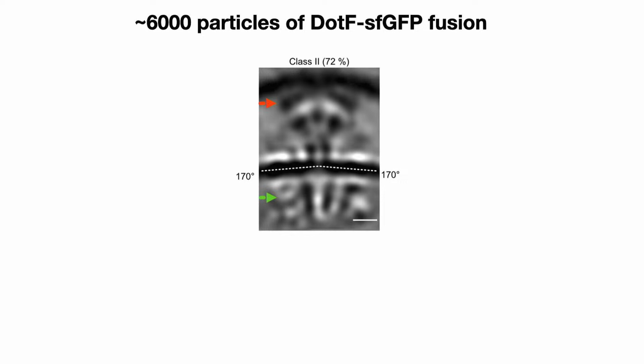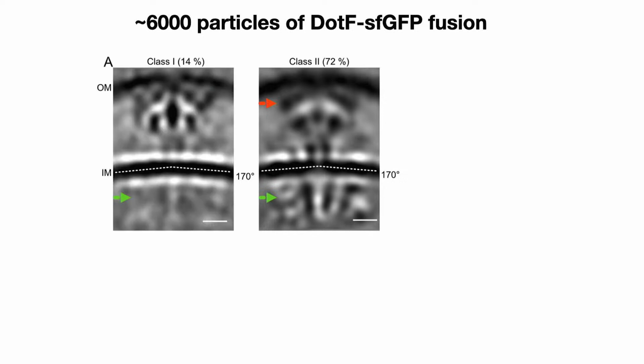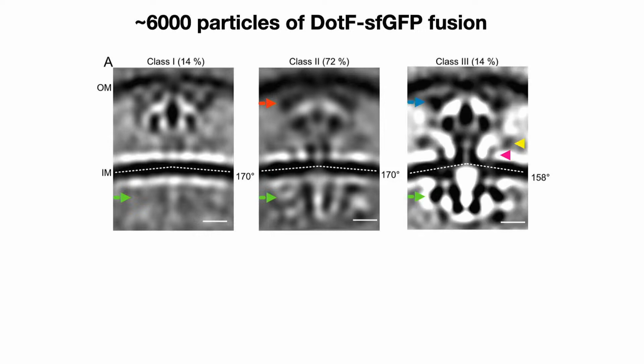72% of the particles looked like this, where the periplasmic densities were fairly well resolved, but the cytoplasmic densities were not. We had another class, about 14%, where the cytoplasmic densities looked like they were missing. And then in the final 14%, the cytoplasmic densities were quite clear, and so were the periplasmic densities.